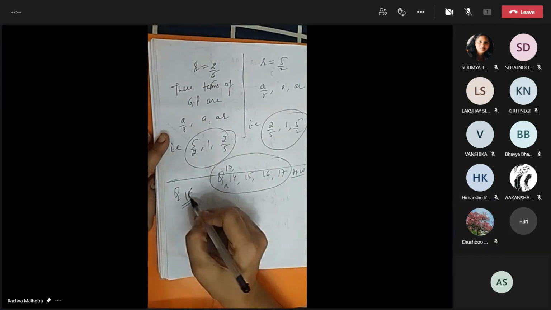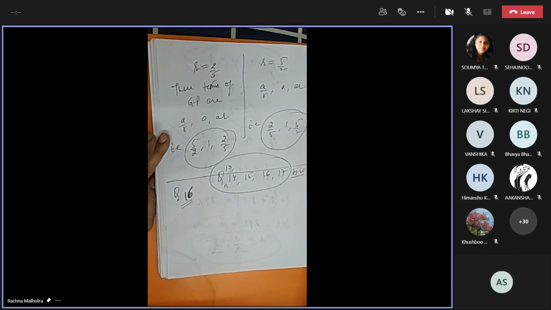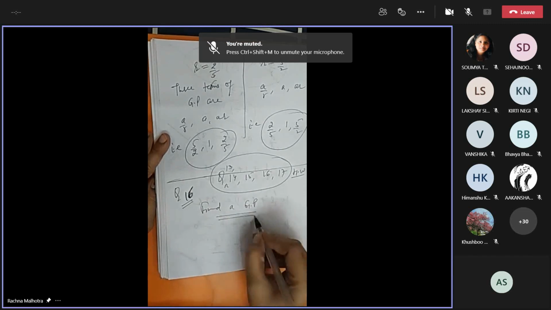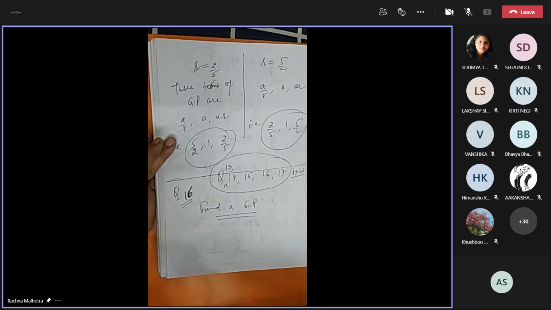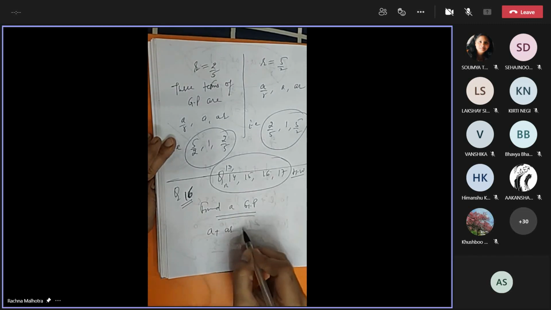Okay, 16. So let us see question number 16. Find a GP. It means we have to make a GP here. The sum of the first two terms: what will be the sum of the first two terms?